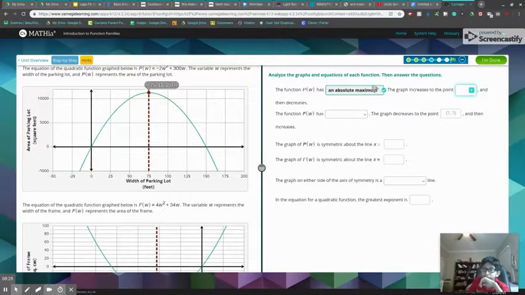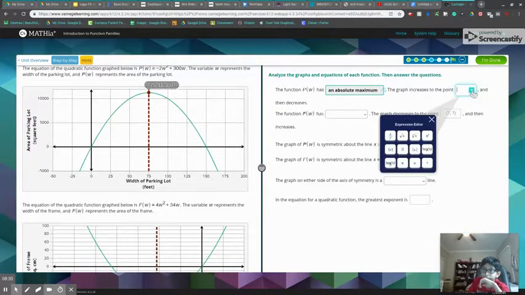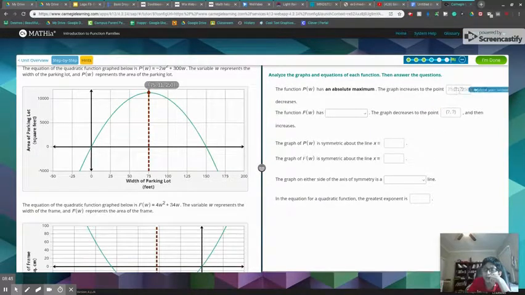And the graph increases to the point 75 to 50. Is that it? What?